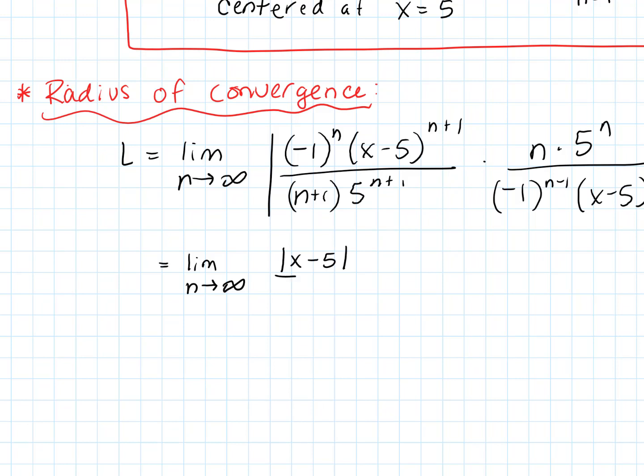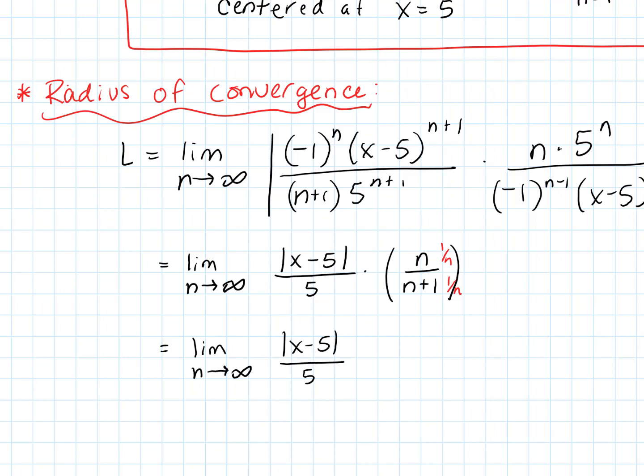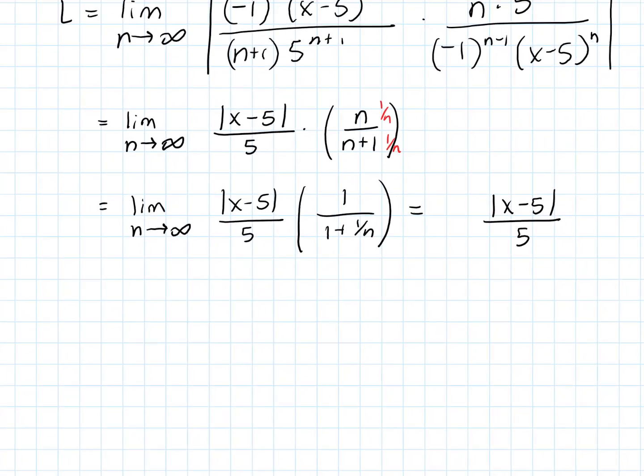We're going to have a single 5, and in absolute value it stays 5. So we're going to have just a single 5 when we reduce, and then we're going to be multiplying by n over n plus 1. If I multiply top and bottom of that by 1 over n, this will become the limit as n goes to infinity of (x-5) over 5 times 1 over (1 + 1/n), which is equal to (x-5) over 5 times 1, but I will leave it like that.